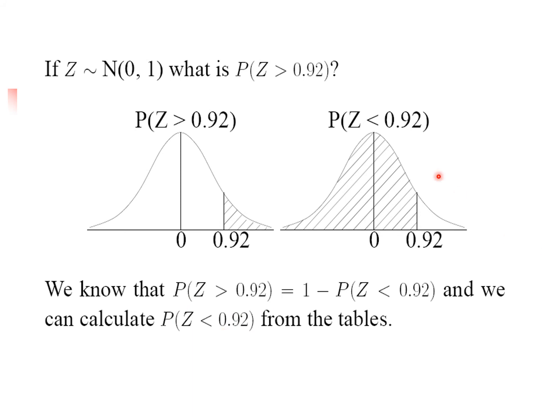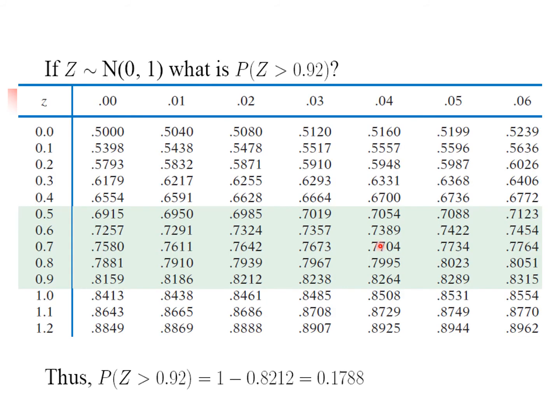So we'll just see how we can. If we see the table, we can find that for 0.92, this is the area, 0.8212. So to find this value, you say 1 minus 0.8212, which is this.